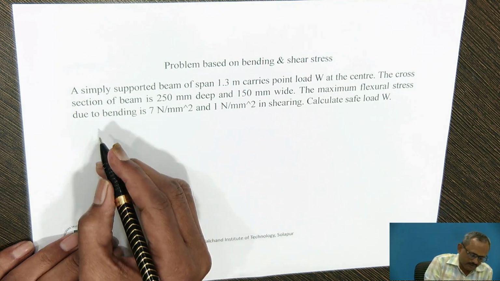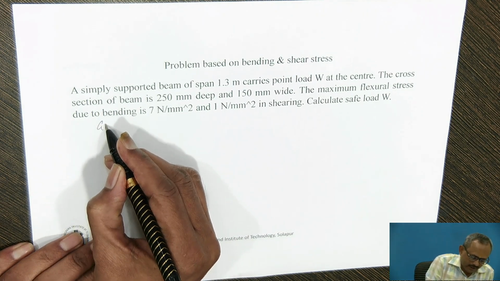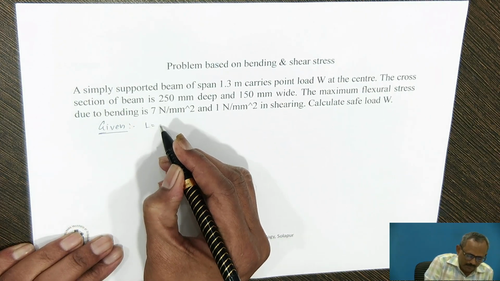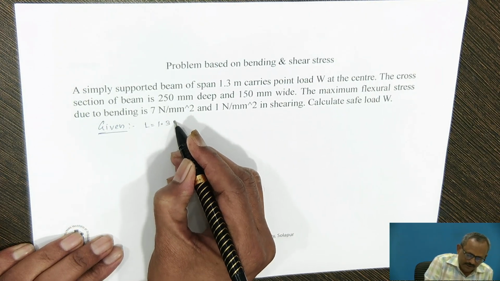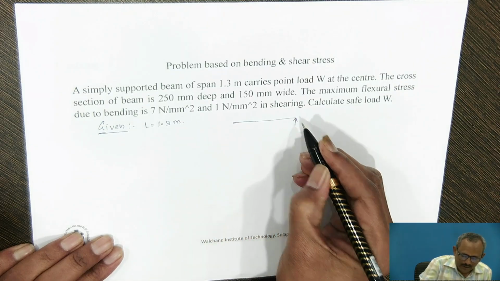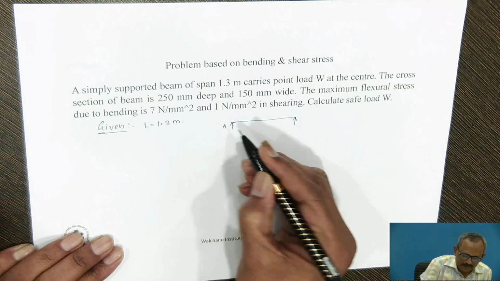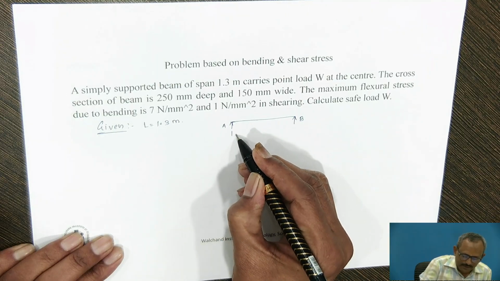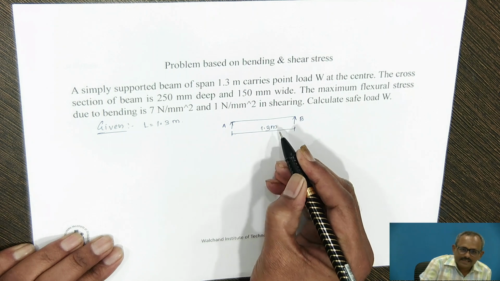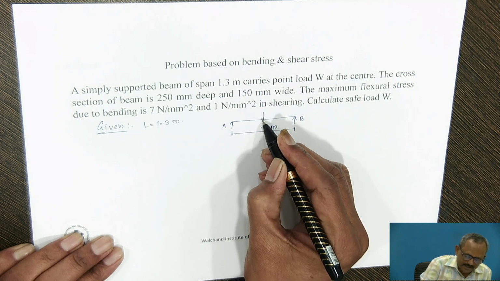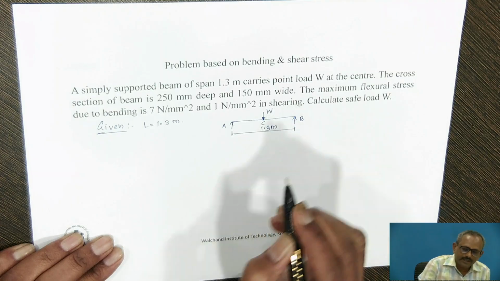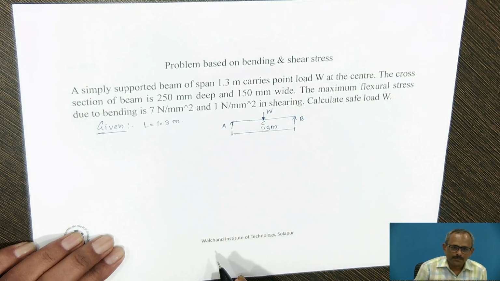So, first of all, we will take the given data from the statement. The length of the span is 1.3 meter and it is a simply supported beam AB, and it carries a point load at the center of the beam, and the magnitude is W Newton.